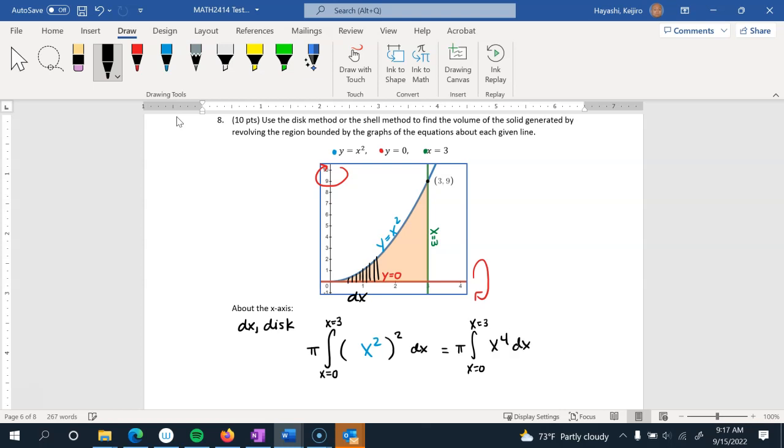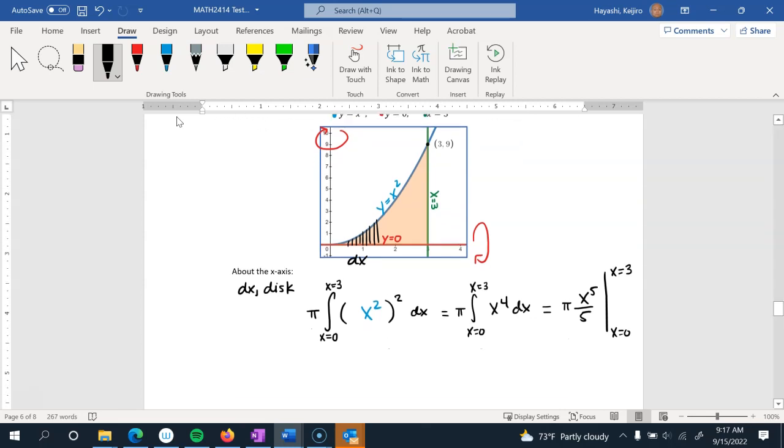So this is simply x to the 4th dx, which integrates into x to the 5th over 5. And that gets evaluated from 0 to 3. And also there's a pi in front because it's the disk method.